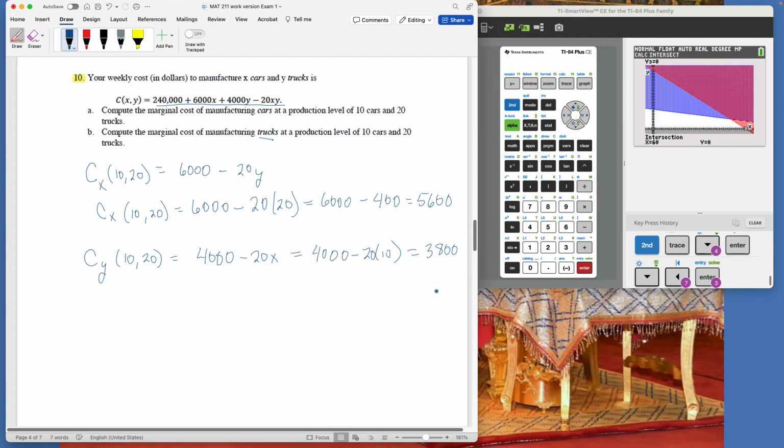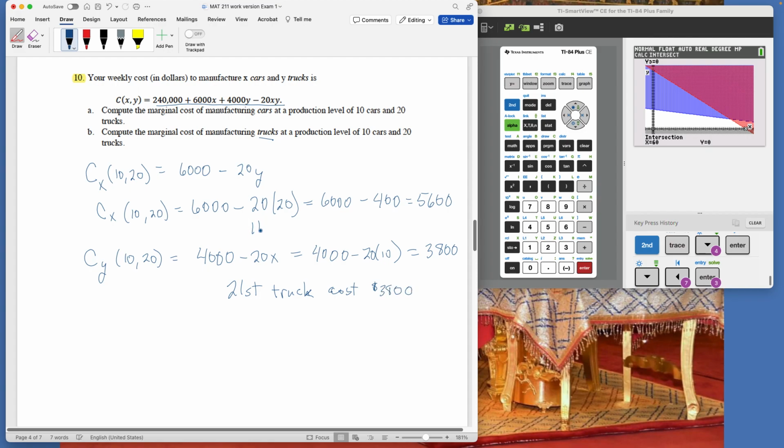It's kind of strange. I would think a truck would cost more to make, but maybe not. Maybe it's more basic. We don't know all this stuff. But anyway, just to put it out here, the 21st truck would cost $3,800 to produce.